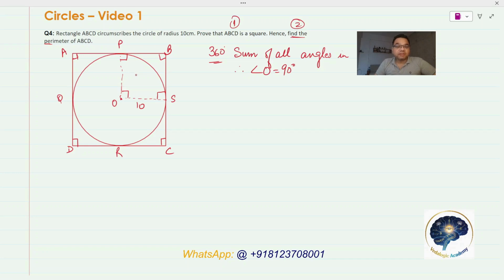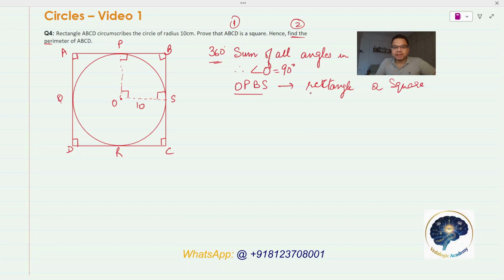Now, if all the angles are 90 degrees, there are only two possibilities. Either OPBS is a rectangle or a square, correct?